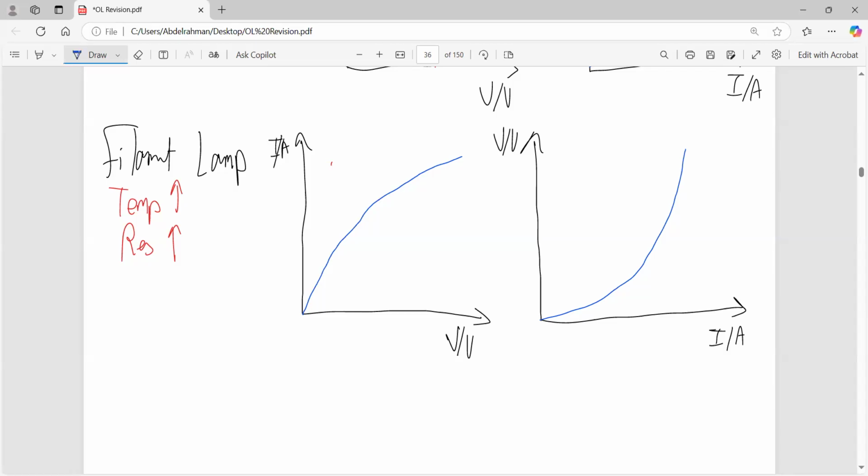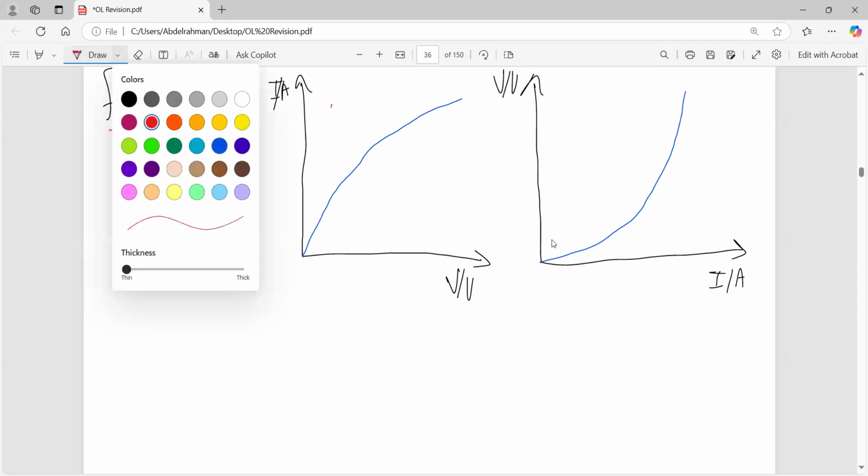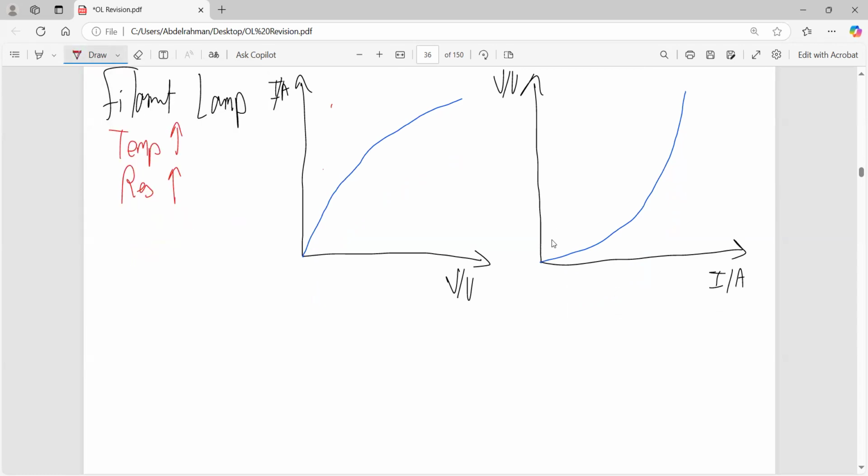If the voltage axis is on the x-axis, it will have a decreasing slope. If the voltage axis is on the y-axis, then you'll have an increasing slope. This is a filament lamp, an increasing resistance.